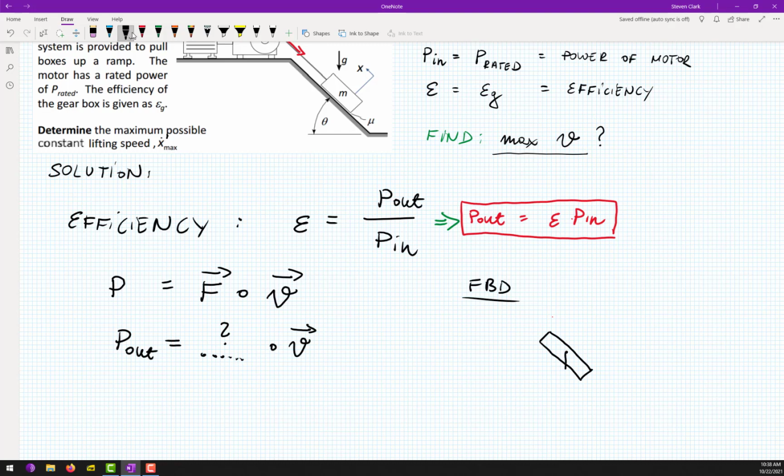Okay, so we have mg acting on our system. We have normal force. I think that we have some friction here. And I also think that we have tension in the cable, yeah?